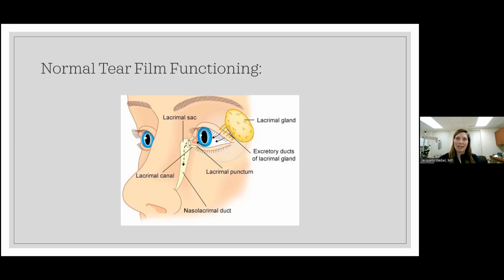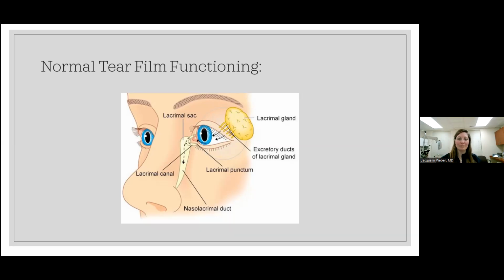And that's how we try and direct our treatment when we examine your eyes in the office, because depending on whether we're treating the lacrimal gland or the eyelids or that drain in by the nose, they're all treated slightly differently. So it's important to make sure you have a thorough exam by an optometrist or an ophthalmologist to figure out where we need to start treatment so that you can be more comfortable.